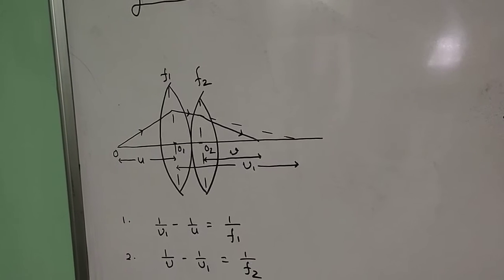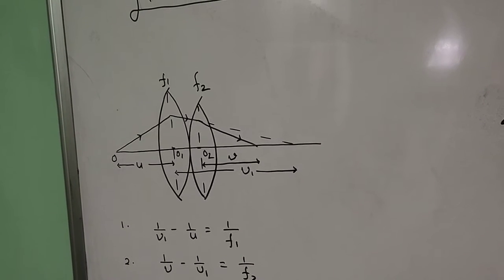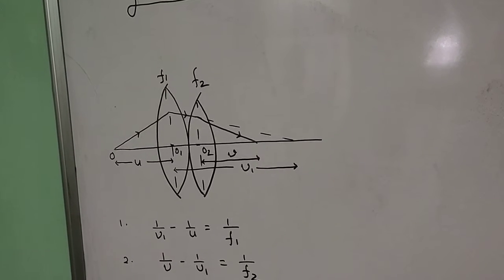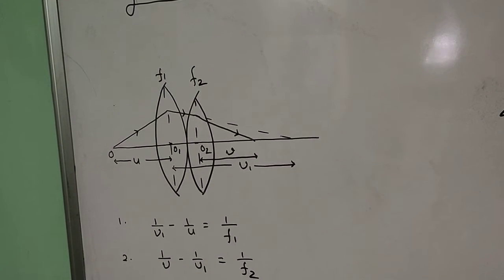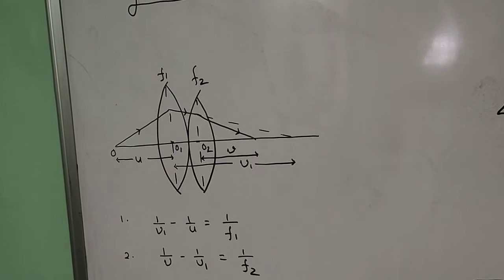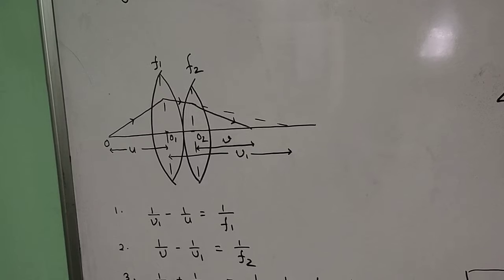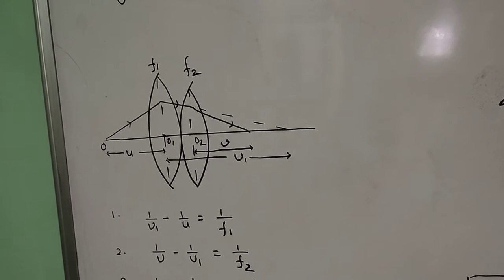So here u is the object distance, the image formed by the lens of focal length f1 is v1, and the image formed by the lens of focal length f2 is v, and we are measuring the distances from the optical center.